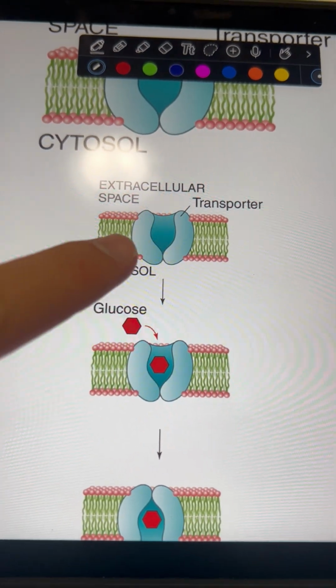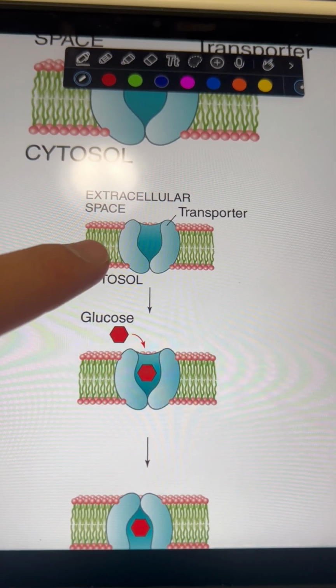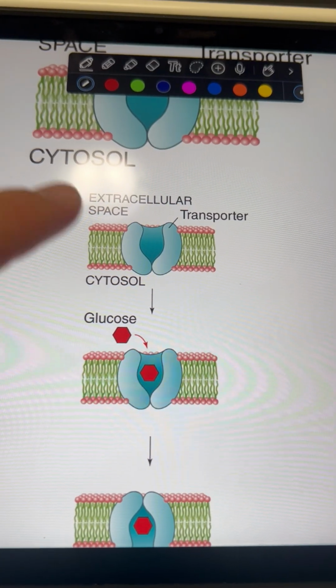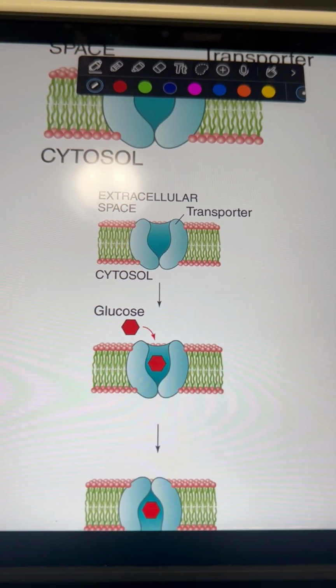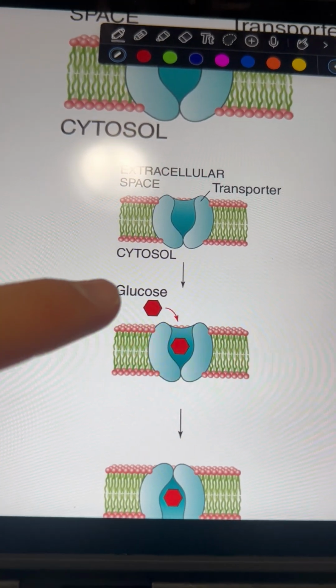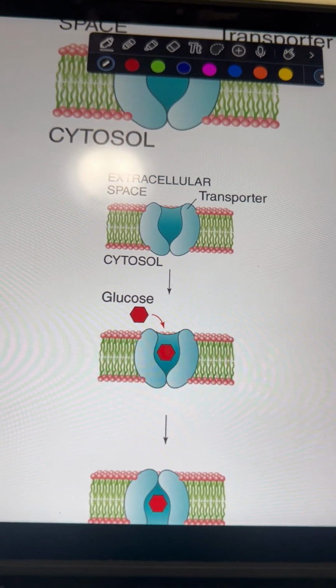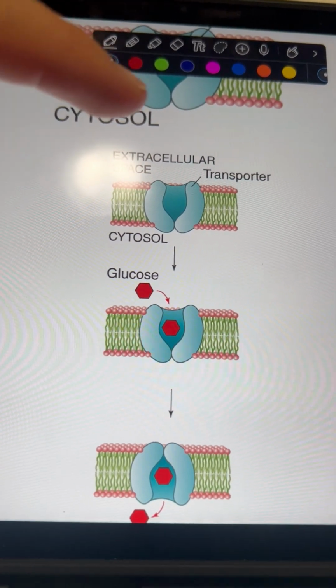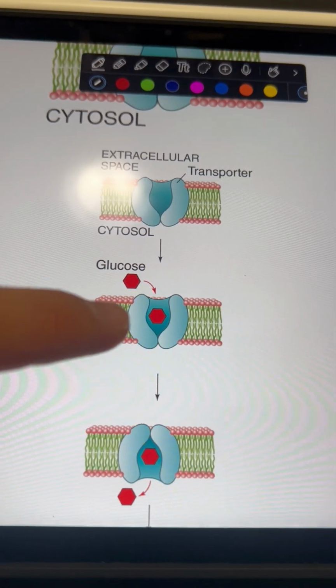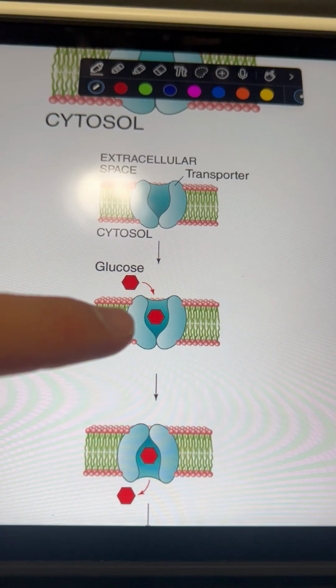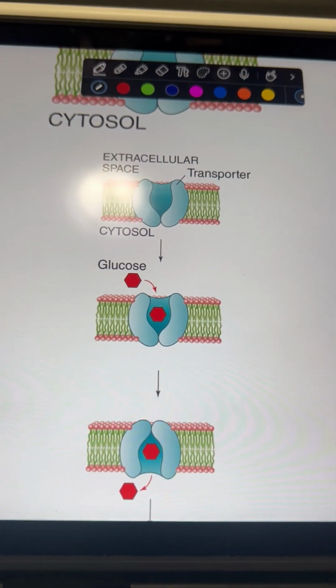As we can see here, the transporter right now is in a conformation that is open. It's open to the extracellular space. So why is that important? Because this glucose right there comes from the extracellular space, the outside of the cell, and it approaches this GLUT transporter.